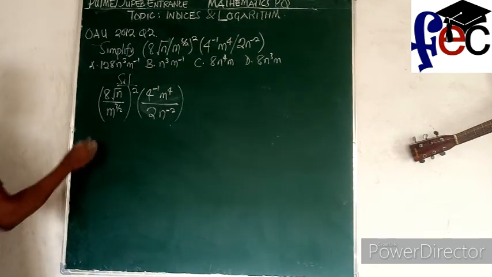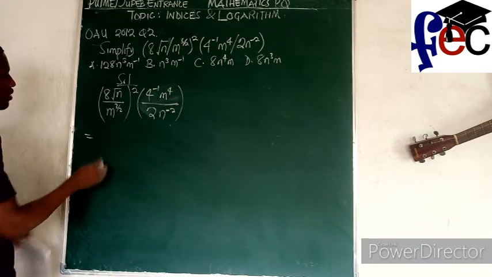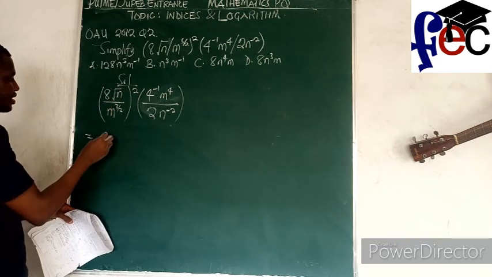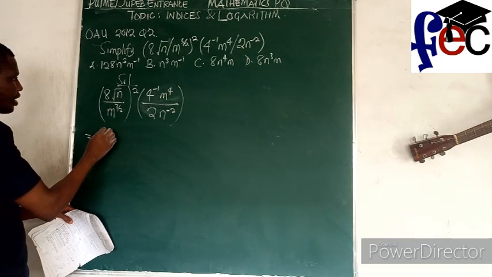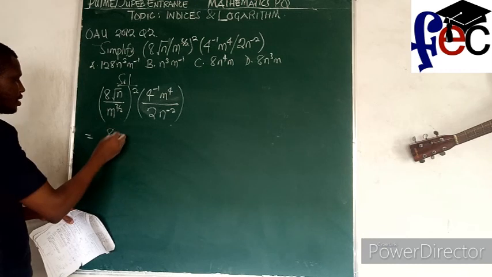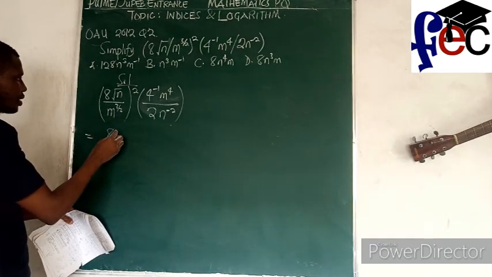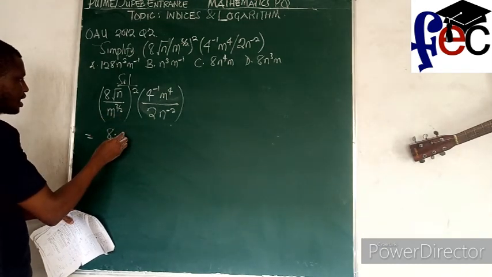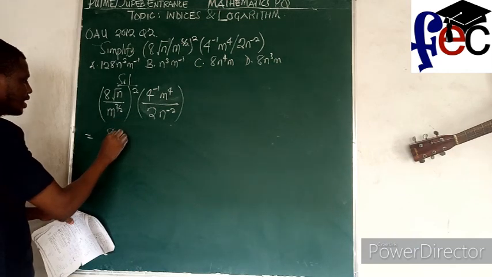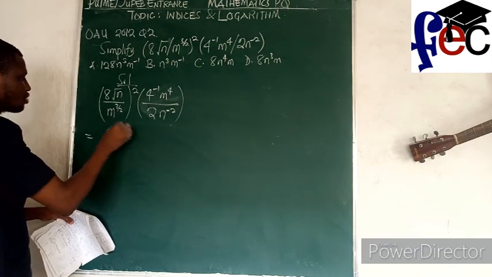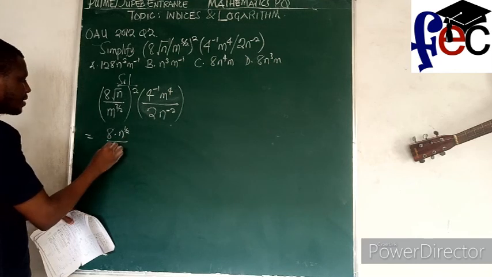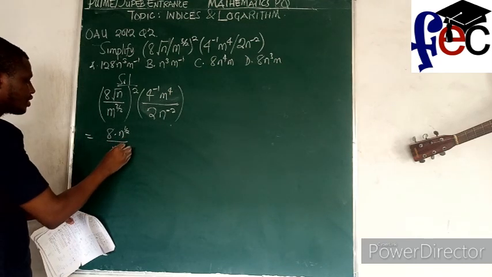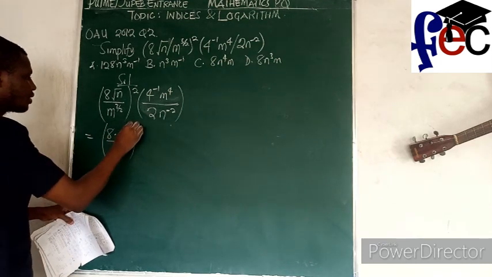So we are to simplify this. So what's this going to give us? I can rewrite this as 8, and n square root is the same thing as n raised to power 1 over 2. I hope you agree with me. Divided by m raised to power 3 over 2, everything raised to power 2.